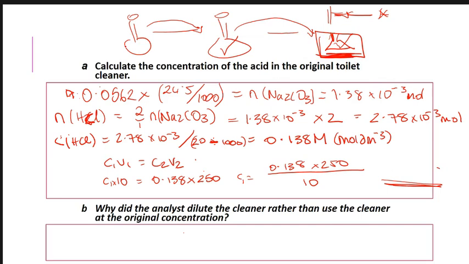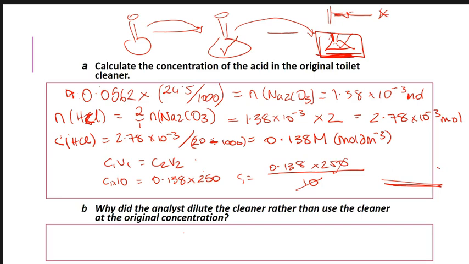The second part of the question asks us why the analyst would dilute the cleaner rather than use cleaner at the original concentration. If you have a look at this, this has been diluted by a factor of 25, because we can cross out 10 here and cross out 10 here, and it means that it's 25 times more concentrated, which would take 25 times more to titrate, and it already took 25 centimeters cubed for us to reach the neutralization point.